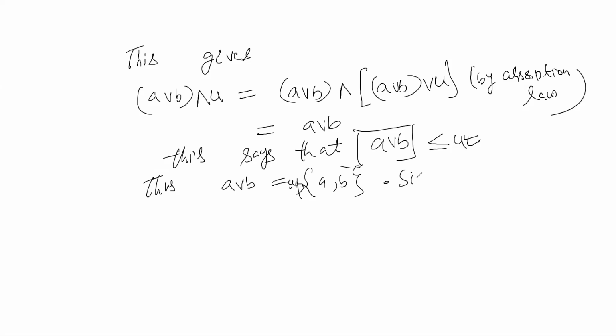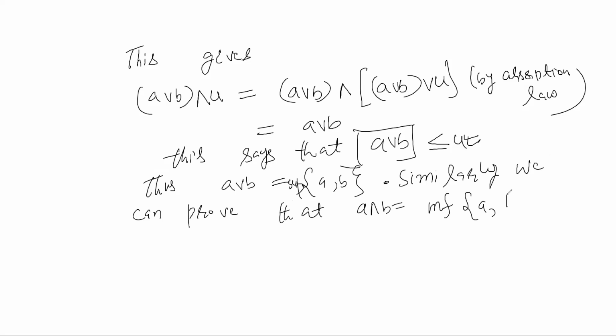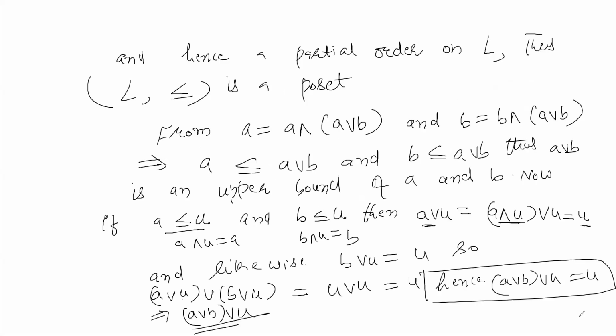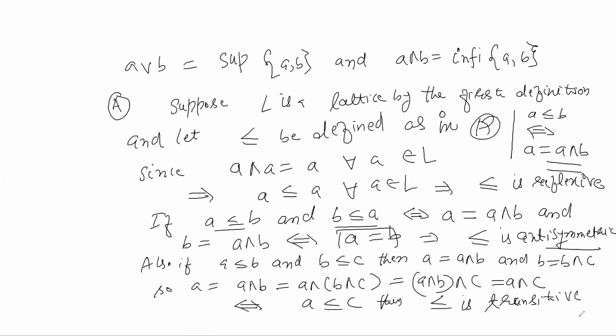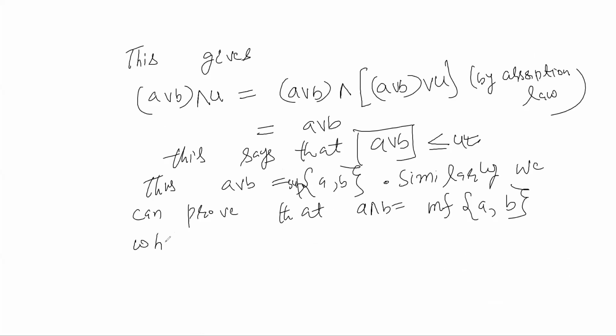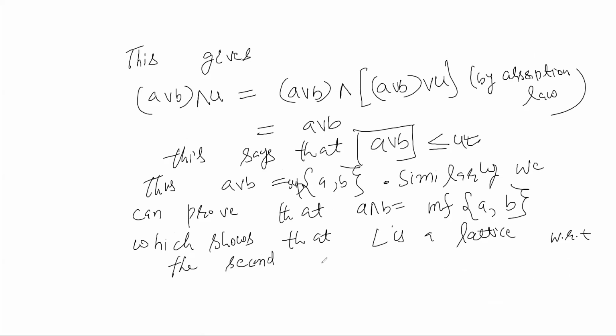So similarly, we can prove that A meet B equals the infimum of A and B. So this means you have shown that L is a lattice with respect to the second definition.